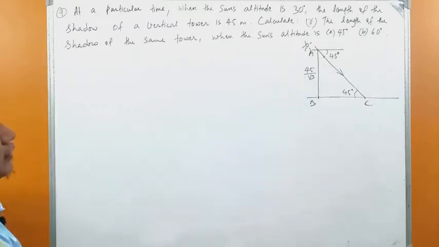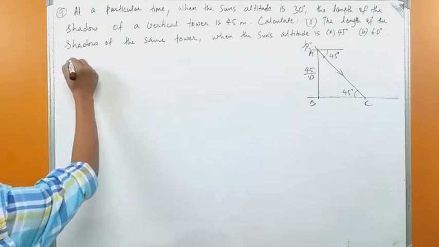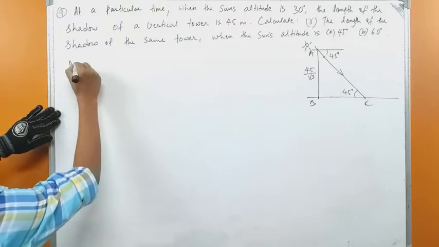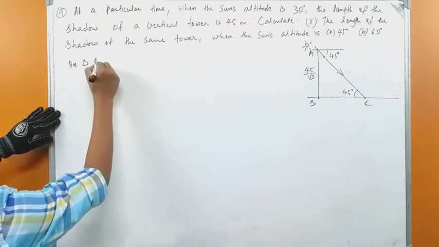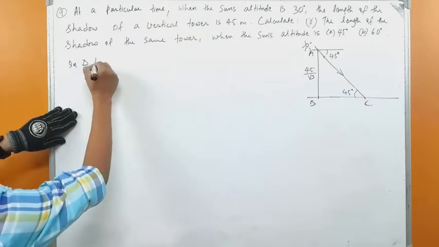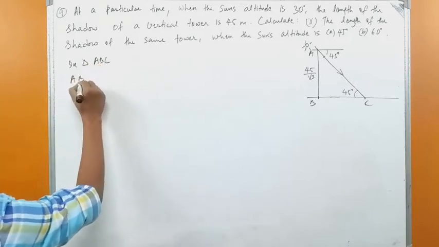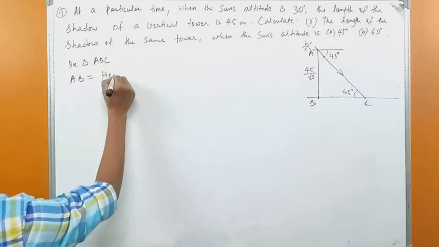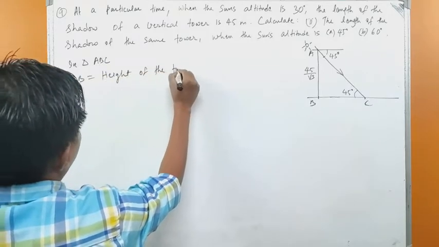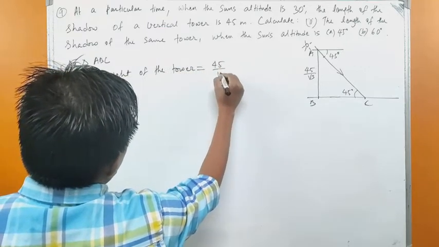Applying tan theta we can find this also. In triangle ABC, AB equals the height of the tower, which is known to us, that is 45 by root 3 meters, isn't it?